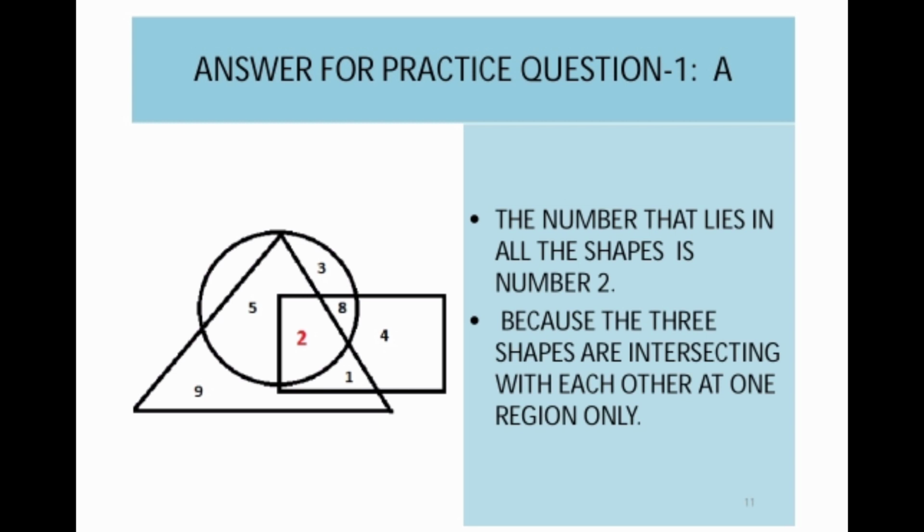If you check, you may observe another region which you will think is intersected by all three shapes, but it is not intersected. The number which you will think is 8. Am I right?